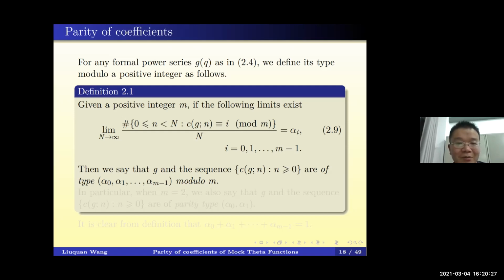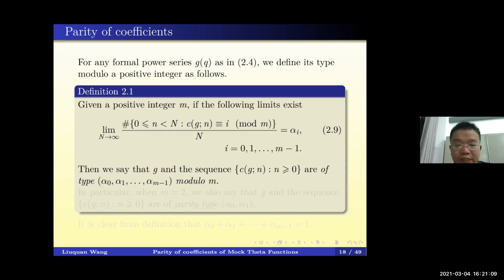So now let's consider the simplest case. That is, we consider the function modulo 2, which is the parity. And for our convenience, we will use this definition. For any formal power series G(q), we consider the parity of its coefficients. If for a given positive integer m, the number of coefficients of G(q) which are congruent to i modulo m up to n, divided by n, has a limit as n goes to infinity, then we denote the limit as alpha_i.